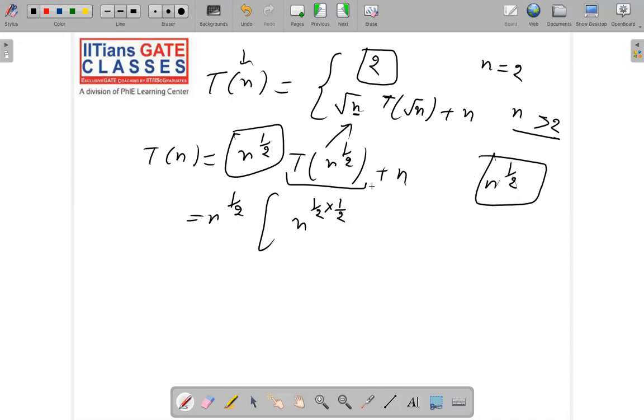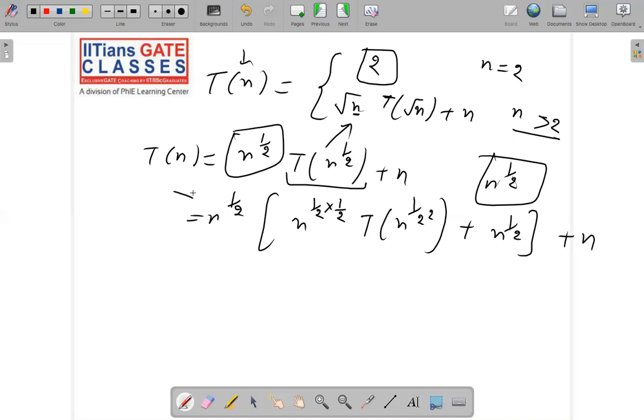It's already 1/2, so the power gets multiplied. And here it's T(n^((1/2)^2)) again, and plus n^(1/2) here, plus n is outside again. Right? So we need to solve this whole term.